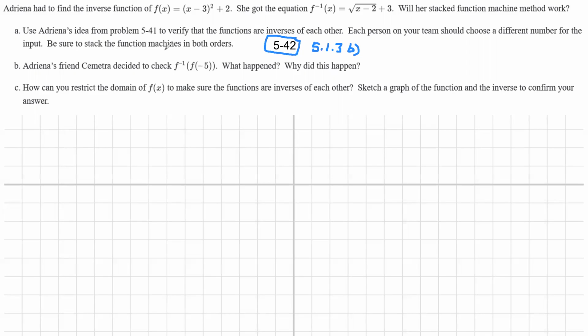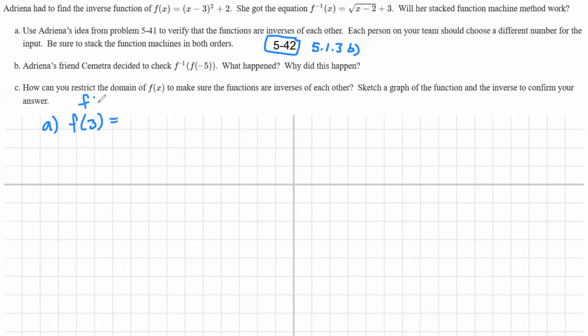So let's pick a number to plug into our function. Let's pick, what did I pick? I picked 3. Okay, so I'm going to pick 3 to plug into f of x.